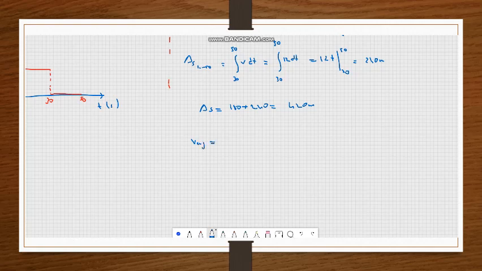We need to divide delta S by delta t, which is 420 meters over delta t of 50 seconds, right? So we will have 8.4 meters per second of average speed this car has.